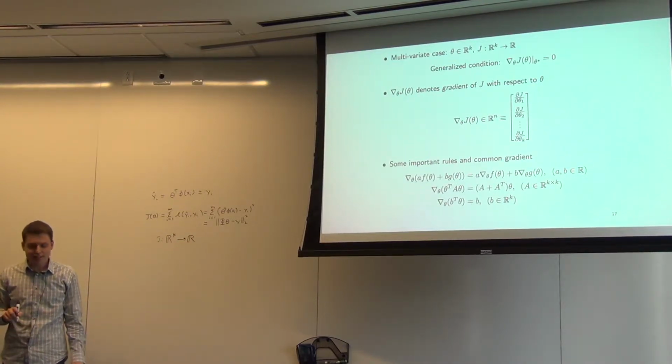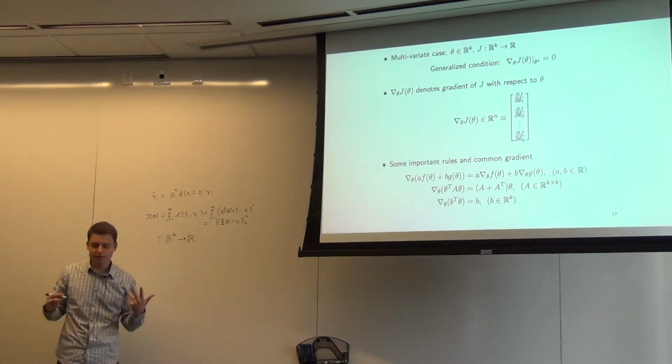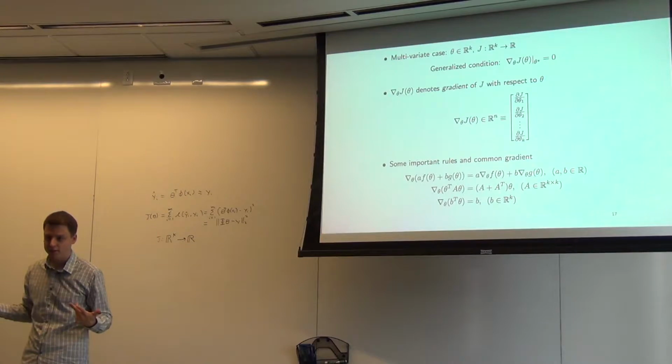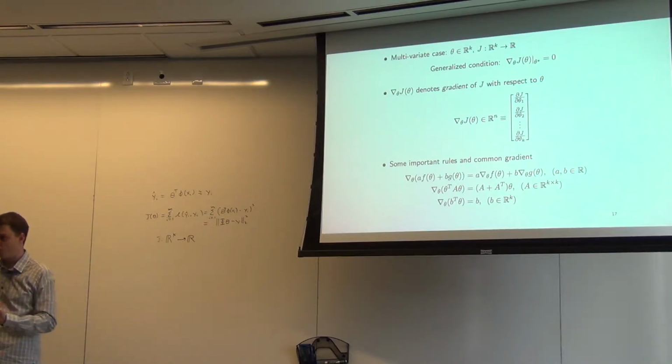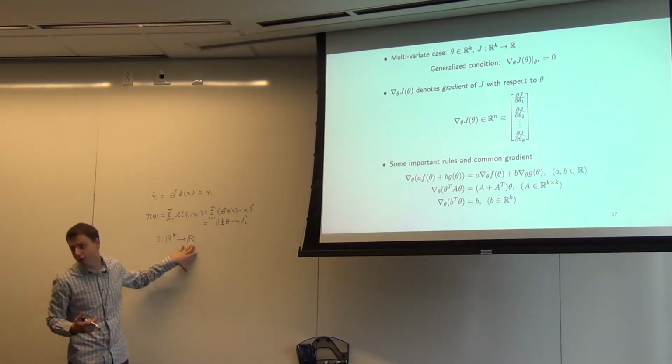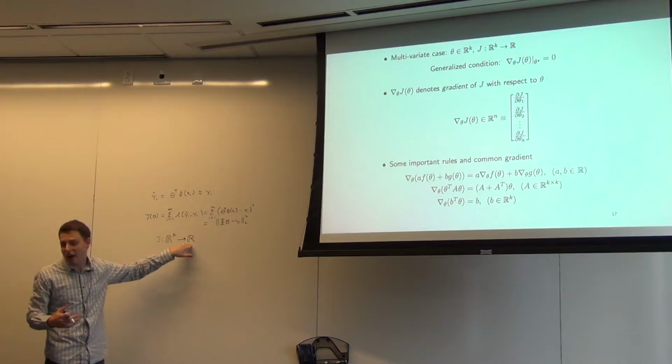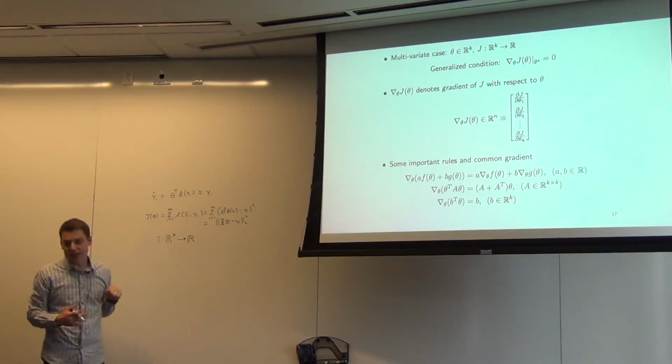In fact, it doesn't make any sense for j to be, say, a vector valued function, because then what does it mean to minimize it, right? Then it has different values. Which one do you want to minimize? When we talk about minimizing things, we're going to talk about scalar valued functions. Then minimizing makes sense, right? We want to minimize this one output value. And we have k input values.